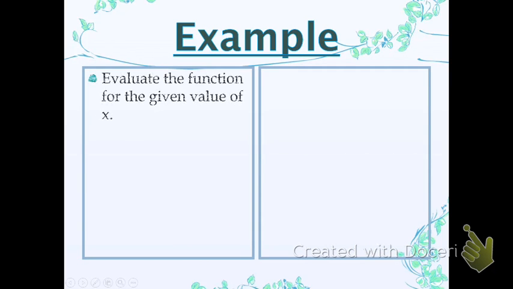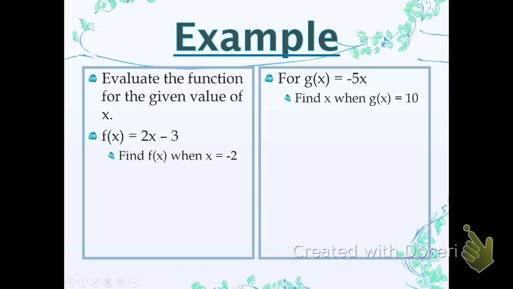So one thing that you should be able to do with this setup is answer questions about the notation. For the question on the left, we have f of x equals 2x minus 3, and we want to find f of x when x equals negative 2.